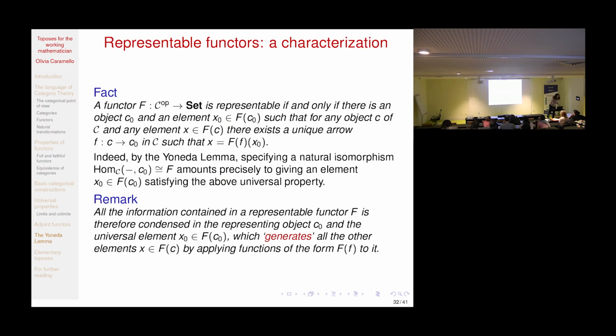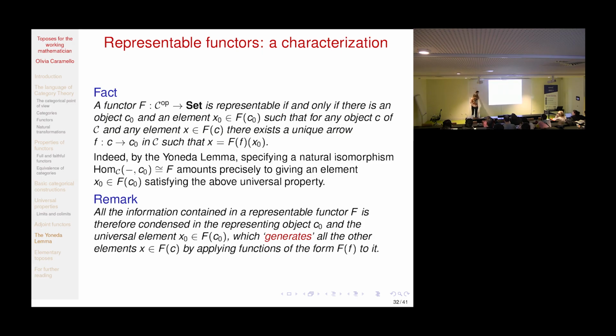Another very important corollary of the Yoneda lemma is this characterization of representable functors. I told you last time that representable functors are very important because when you discover that a functor is representable, essentially it means that all the information about that functor is actually condensed in a single object, which is the object representing it.